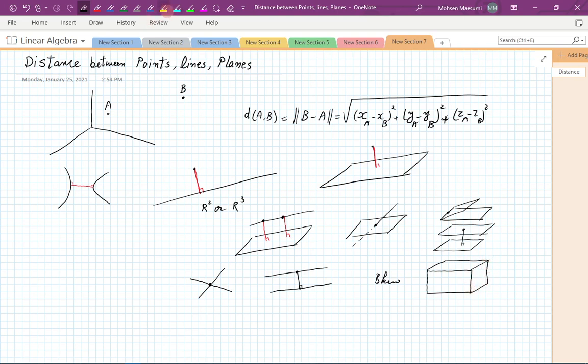Now, on that box, if you look at, say, this line and then this one, they are obviously not parallel to each other, and they do not intersect either. So that's a case of interest.